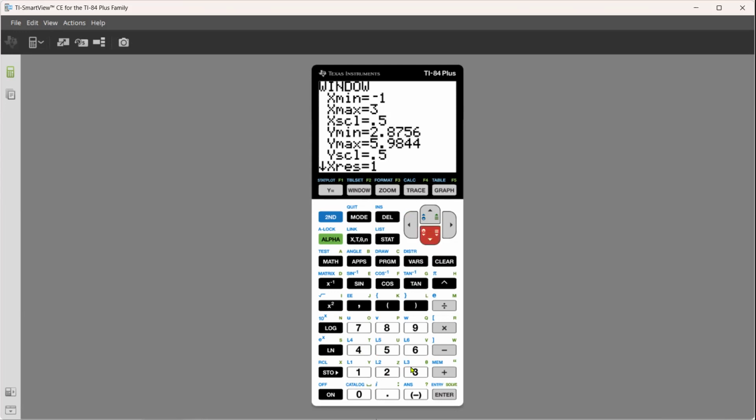My minimum y, let's do -10, and 10, with a y scale of 0.5. And I'm going to graph. There's my graph.